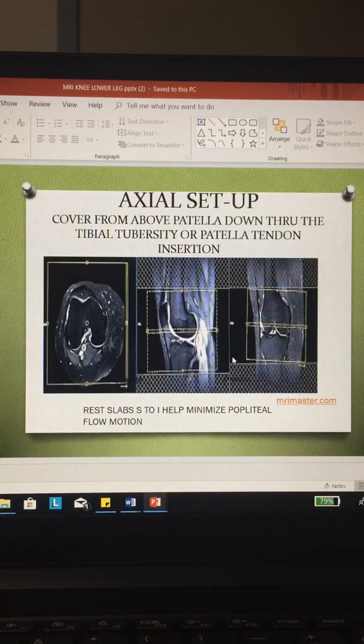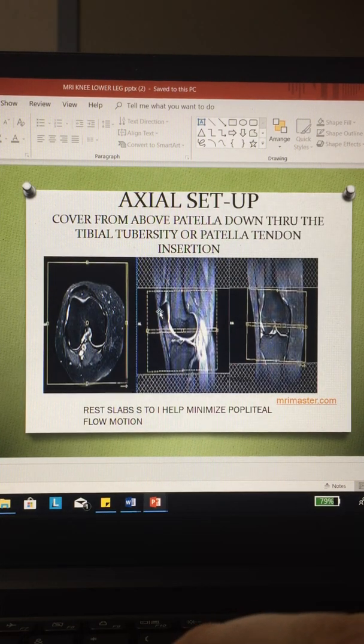How do we set up? Pretty easy because we have an axial, a sagittal, and a coronal pilot. Then we just make sure on our sagittal plane, I can see my patella. I can see this quadriceps tendon. I can see my patellar tendon, and where it attaches, I know that's my tibial tuberosity.